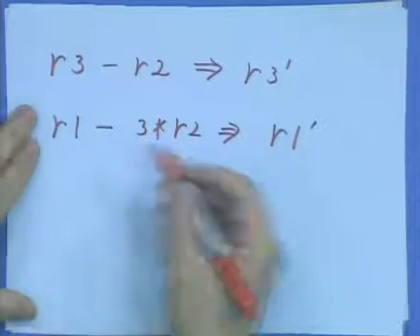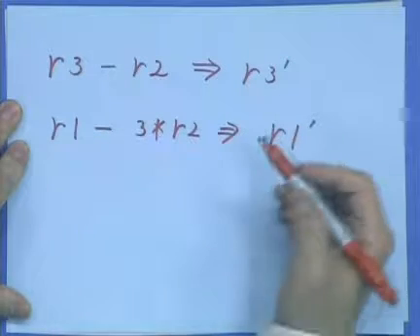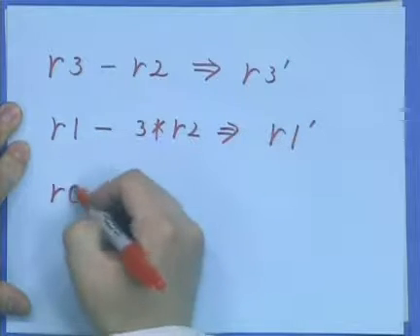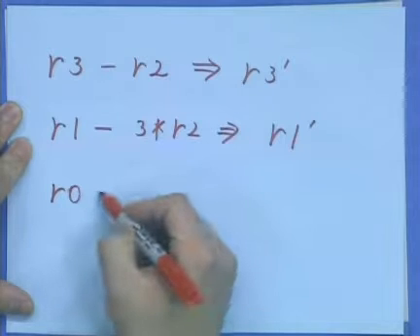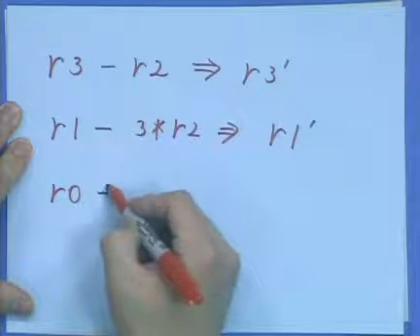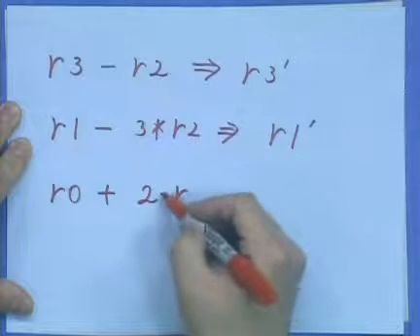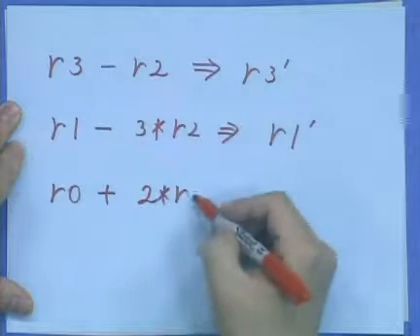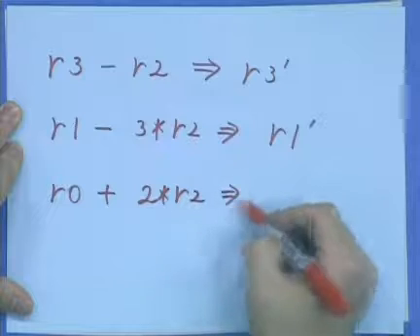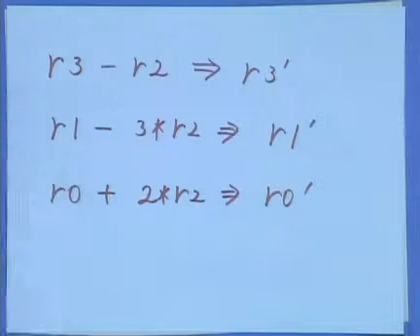And lastly, the phase 1 objective function row, R0, becomes 0 by adding 2 times the pivot row.